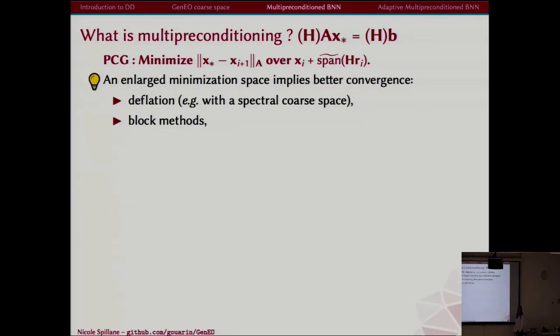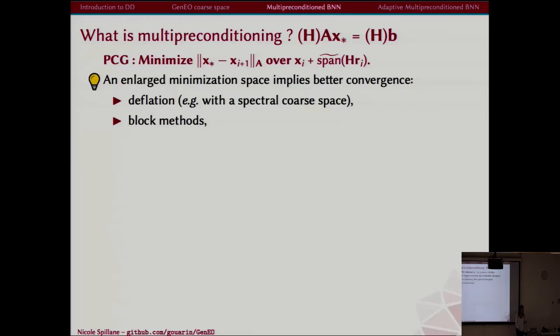That is sort of what we did with the deflation or the coarse space, where we initialize the algorithm with a minimization space that is the coarse space. So we enlarge it before we start solving, and then we add one direction per iteration.